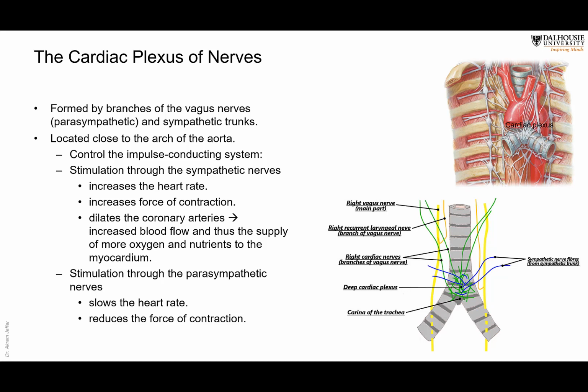The sympathetic nerve fibers are derived from the sympathetic trunk. I'm going to talk about the sympathetic trunk next time when I deal with the mediastinum. The parasympathetic innervation to this plexus comes from the vagus nerve.